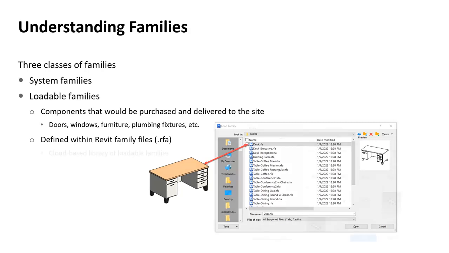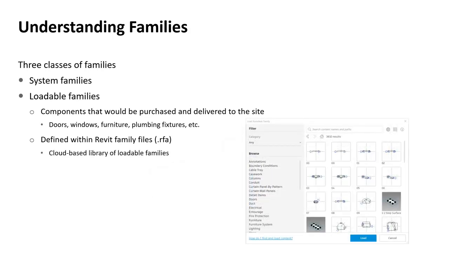Autodesk provides a cloud-based library of loadable family files. You can also download ready-made family files from various sources, including the websites of many building component manufacturers. Since these RFA files are created using the Revit Family Editor, you can also create your own custom components.